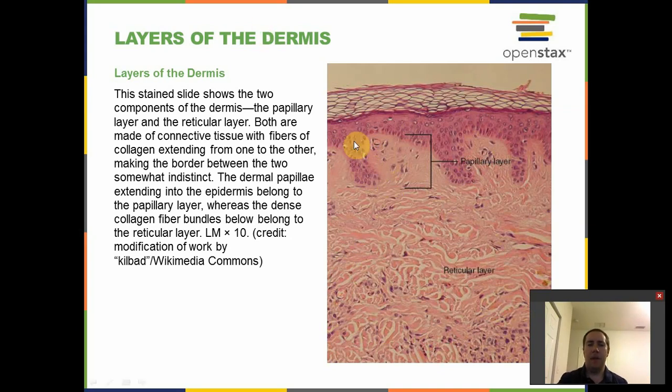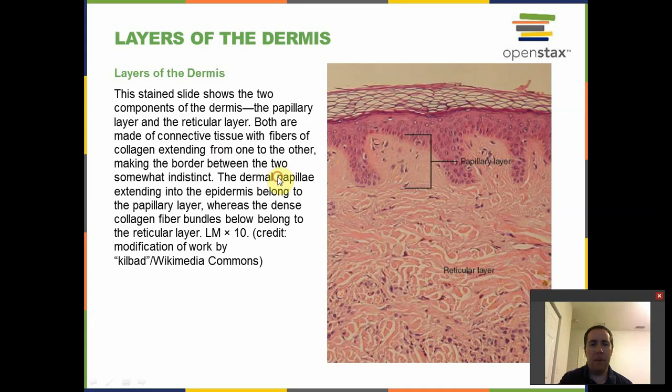And so what we get is this wave shape. Now where the dermis comes up is called a dermal papilla. Where the epidermis comes down, it's not labeled on here, that is an epidermal ridge. And so we have epidermal ridges that come down, and then the dermal papilla comes up.